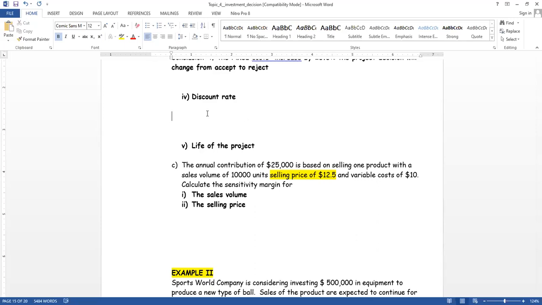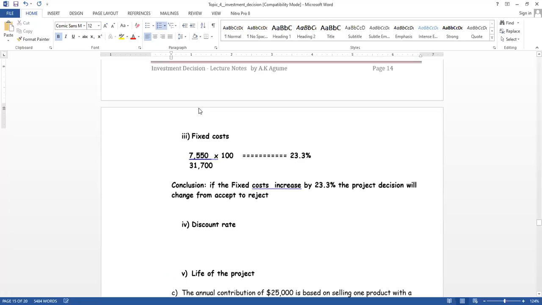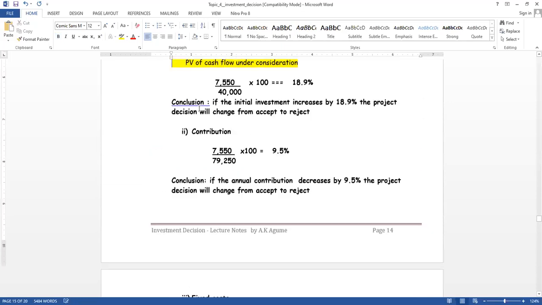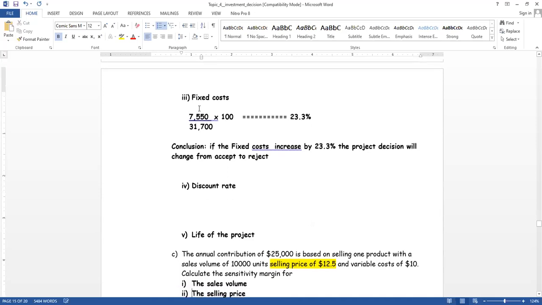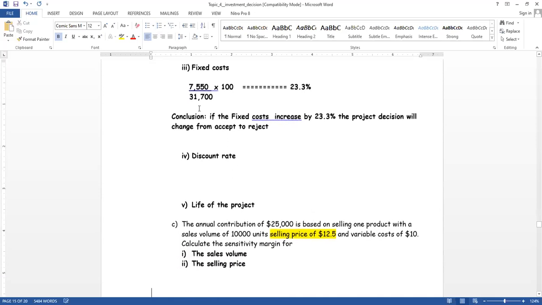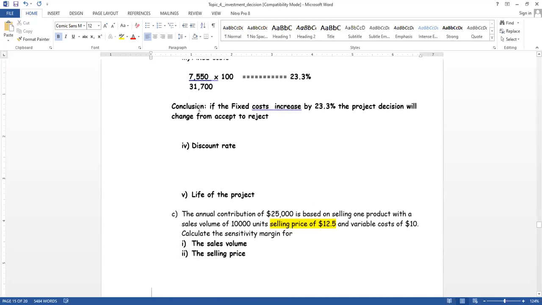Okay. And now for us to get the sensitivity of the discount rate, we assume now that we don't know the discount rate. And of course, to determine the discount rate, we need to look at the discount factor that gives us an NPV equal to 0.